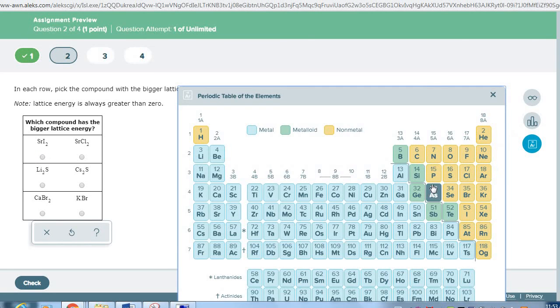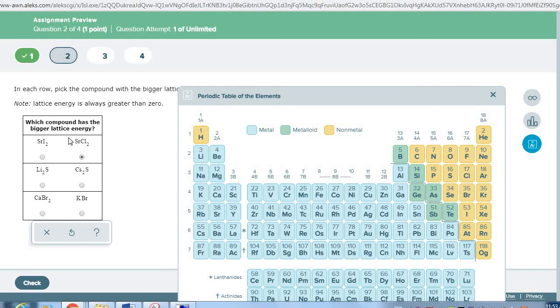Chlorine is right here, whereas the iodide is down from it. Because chlorine is above iodine, the stronger lattice energy is going to be there.